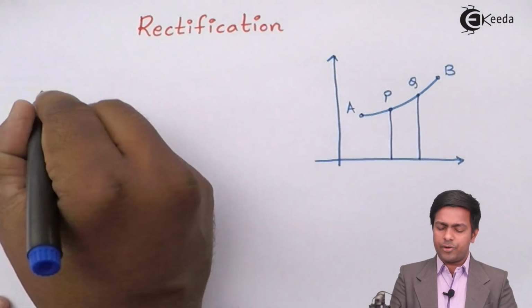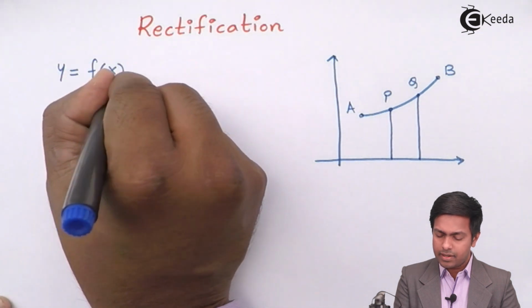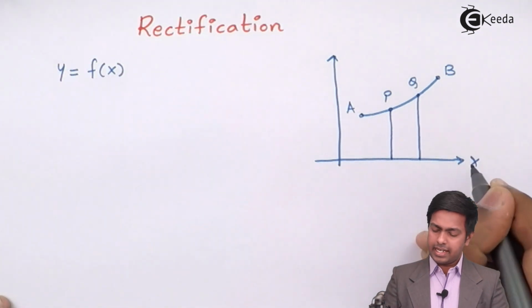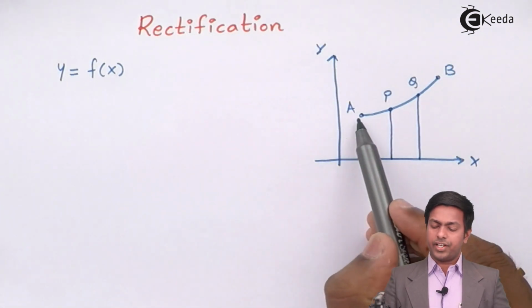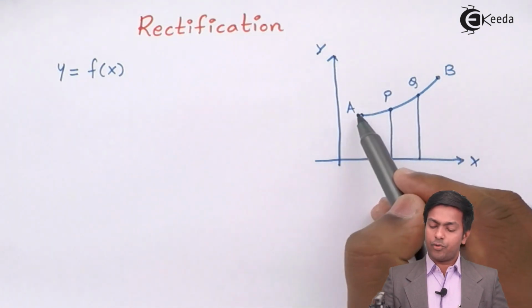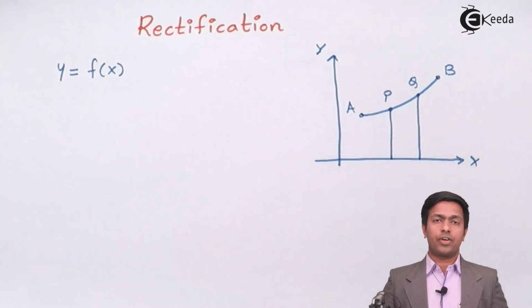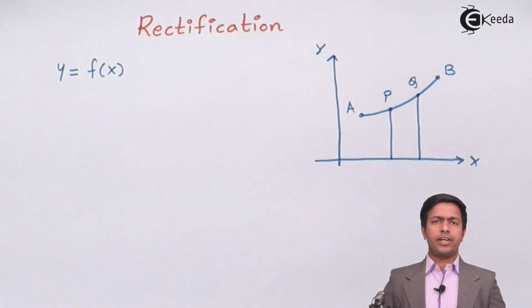So here let's assume that the equation of curve is y equal to f of x. So this is x-axis, this is y-axis, and let's say A is a fixed point, and from A to B we have to find out the length of curve, or let's say the length of this arc. Now how to find it out?